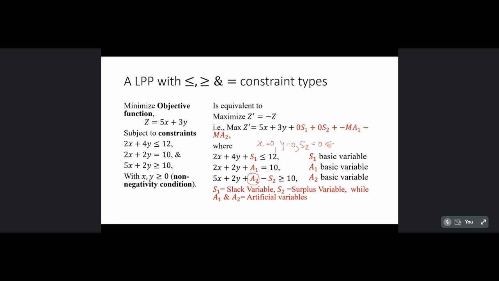So these are non-basic variables, whereas S1, A1 and A2, they are taking positive values at the initial point, that is your origin x is equal to 0 and y is equal to 0. So to start with S1, A1 and A2, those are basic variables.